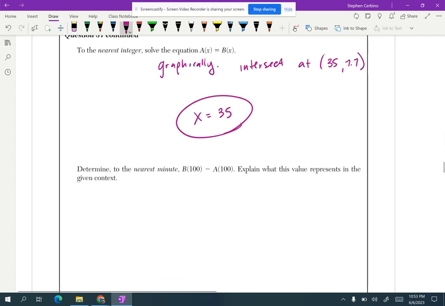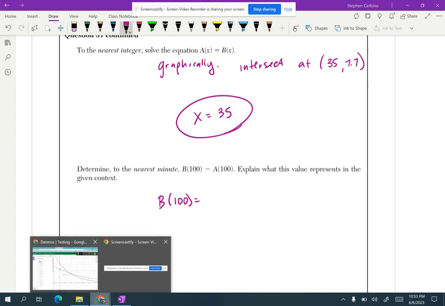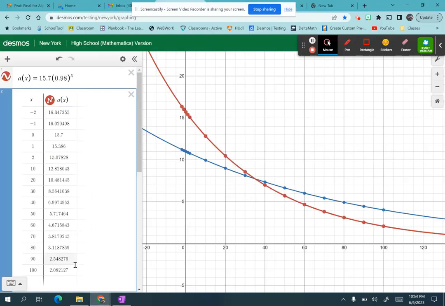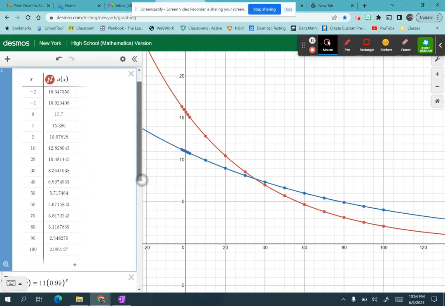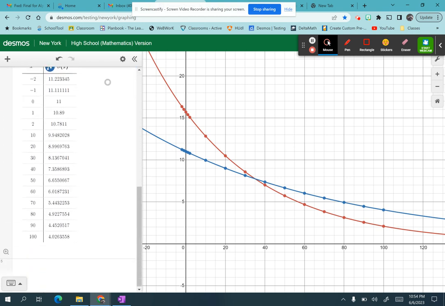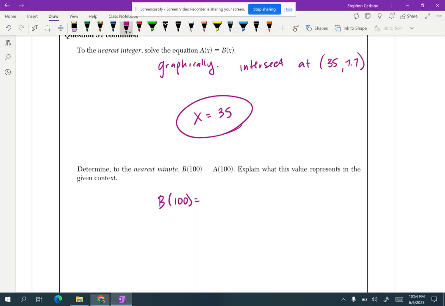For the next question, it says to the nearest minute, subtract b of 100 minus a of 100 and explain what this represents in the given context. So b of 100, we know that value because we just found it on our table. So b at 100 was 4.0264.